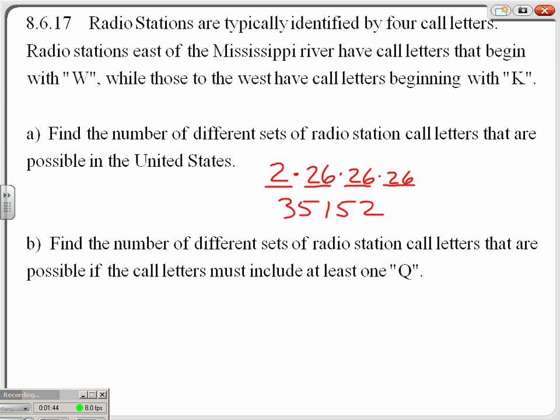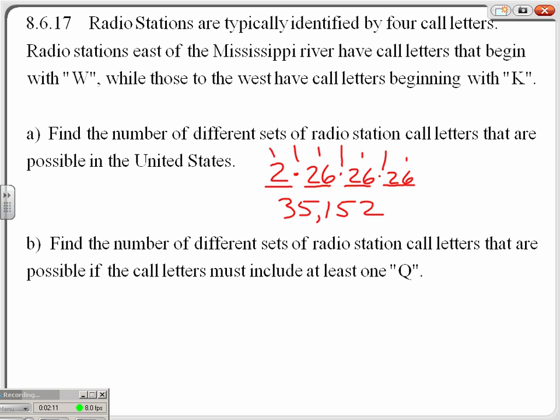So that would be the number of possible radio stations under the prescriptions of those types of call letters that we could have in the United States. Not too bad, just kind of your run-of-the-mill closet problem. We make a choice, and we make a choice, and we make a choice, and there's an and, we make a choice. And if the choices are independent of one another, then we can multiply, in this case, 35,152.